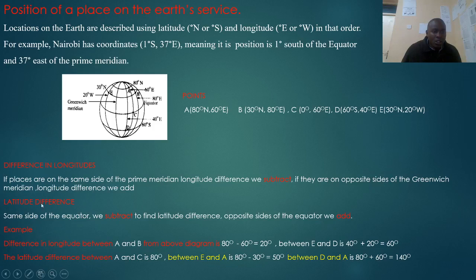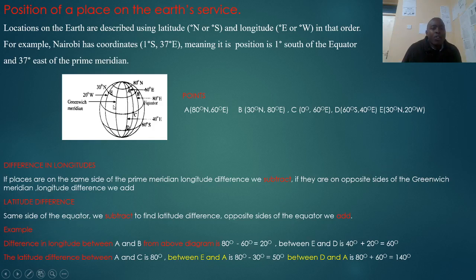Now, let's talk about the difference in longitude. How do we find the difference in longitude? If places are on the same side of the prime meridian, or the Greenwich Meridian, like one point here and another point here, then we subtract.